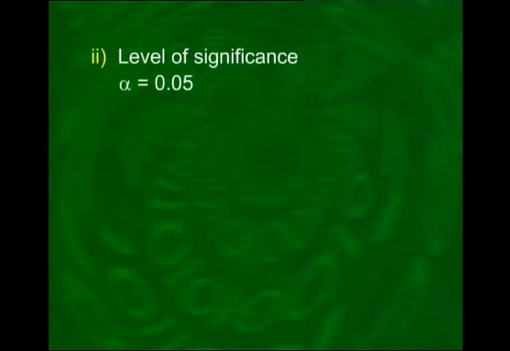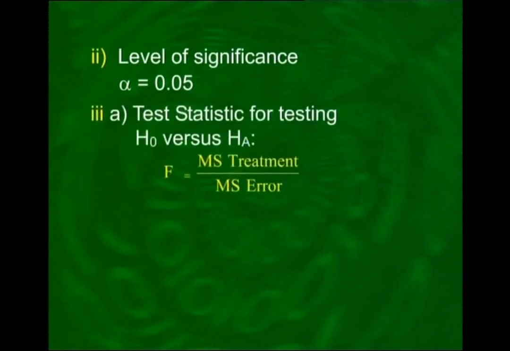The second step of the hypothesis testing procedure is the level of significance, and as you now see on the screen, we may take alpha as 5% as we usually do. The third step is the test statistic.